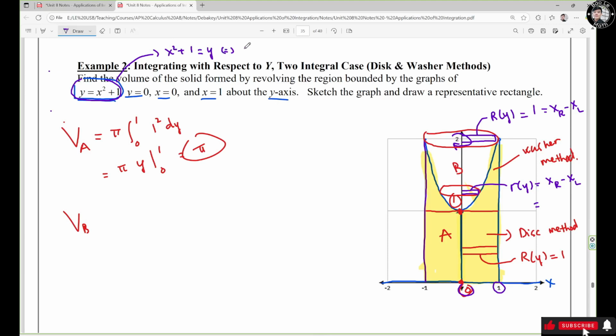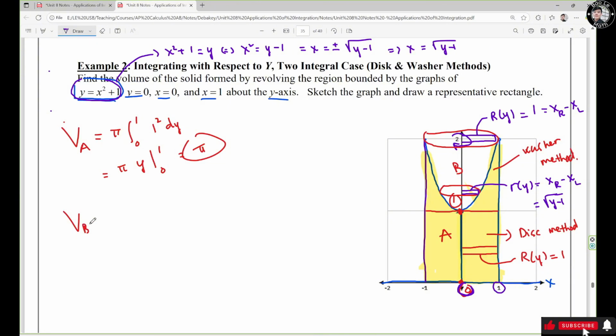It's the same thing as x squared equals y minus 1. Take square root both sides, so we have x equals plus and minus square root of y minus 1. But we only take the positive one. So we have x equals square root of y minus 1. So this one is square root of y minus 1, subtract x left, which is 0 right here, because the center of rotation. So it's going to be square root of y minus 1.